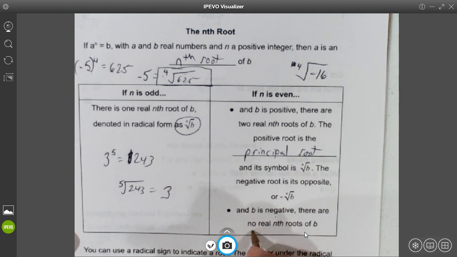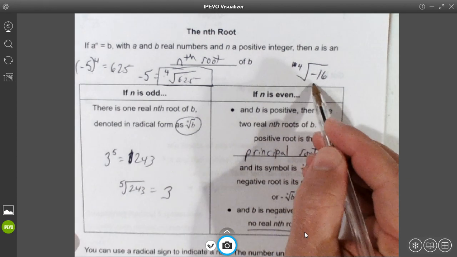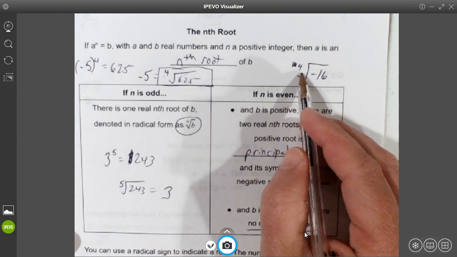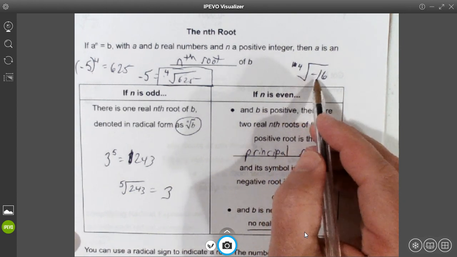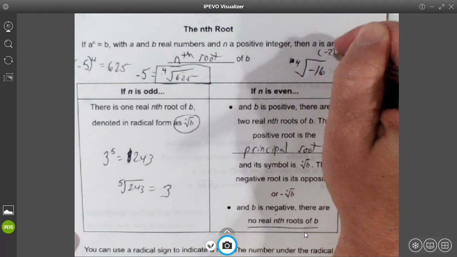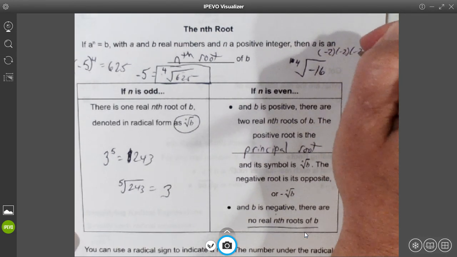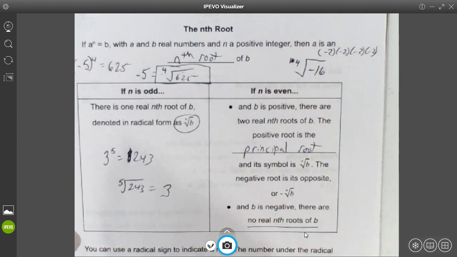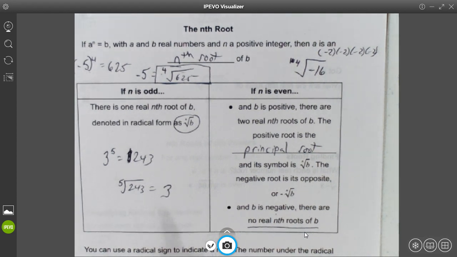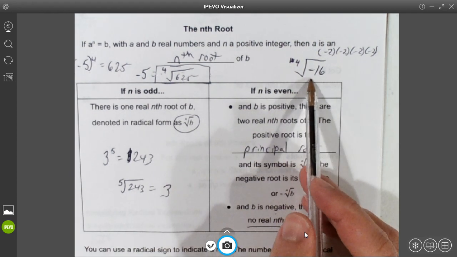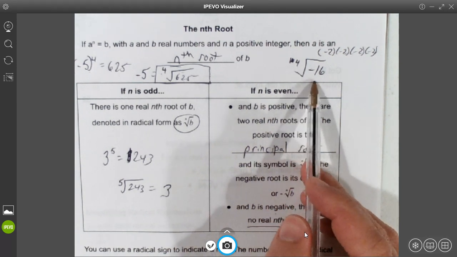There are no real roots to this, because I can't multiply anything 4 times and get -16. If I try -2 times itself 4 times, I'm always going to get a positive 16. This is where we might get into imaginary numbers, but for this, we're just talking about real roots. There's no real number that I can multiply by itself 4 times and ever get a negative.